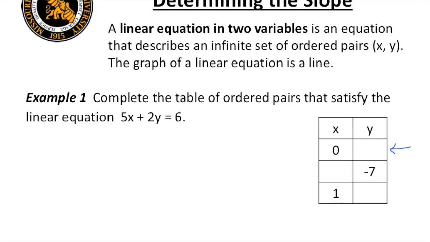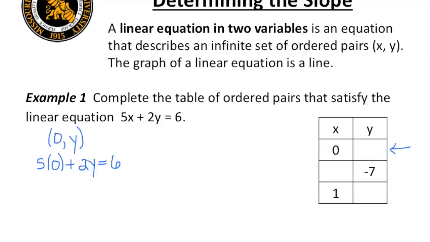When we look at the first row in our table, we see that we're given a partial ordered pair. That is, we're told that x equals 0, and we're wanting to determine the corresponding y value. So we go to our equation and we replace x with the 0 that we're given. Our equation now only has the variable y.